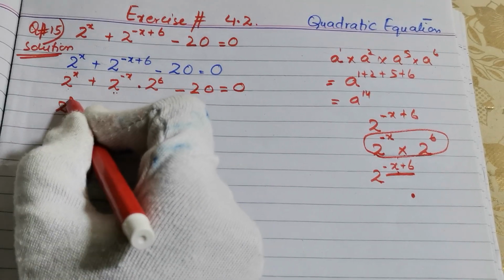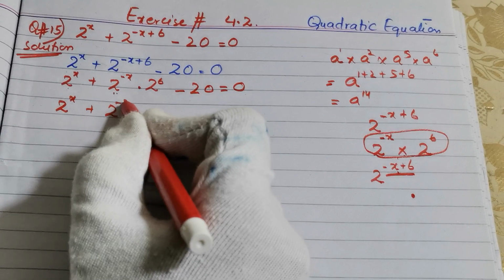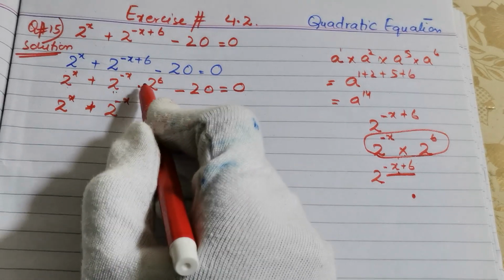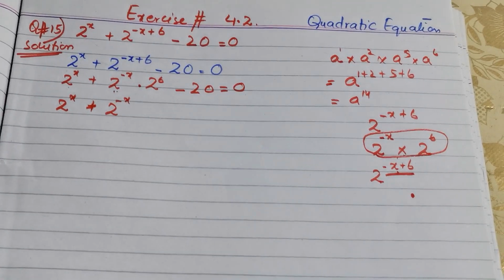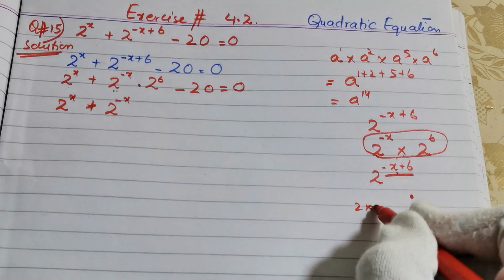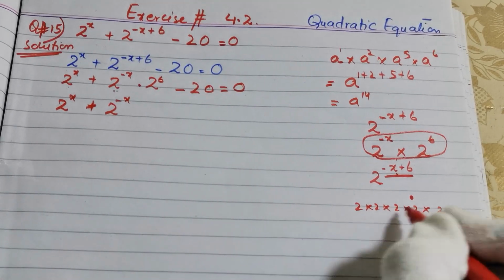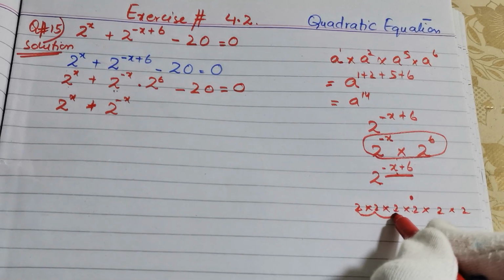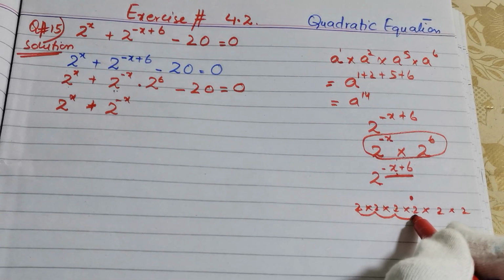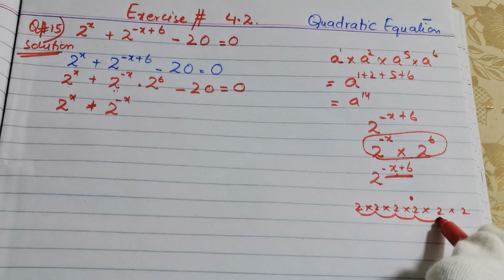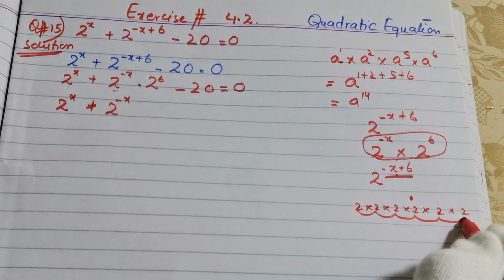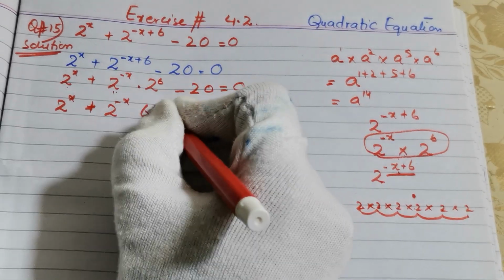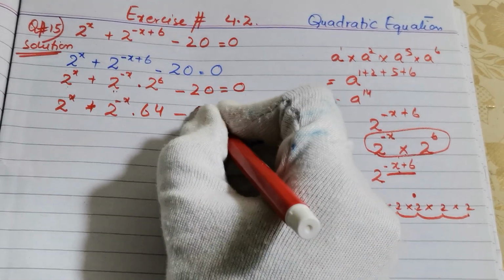Now 2^x + 2^(-x), and the answer of 2 raised to power 6 is 2 into 2 into 2 into 2 into 2 into 2, 1, 2, 3, 4, 5, 6. 2 2s are 4, 4 2s are 8, 8 2s are 16, 16 2s are 32, 32 2s are 64. So 64, minus 20 equal to 0.